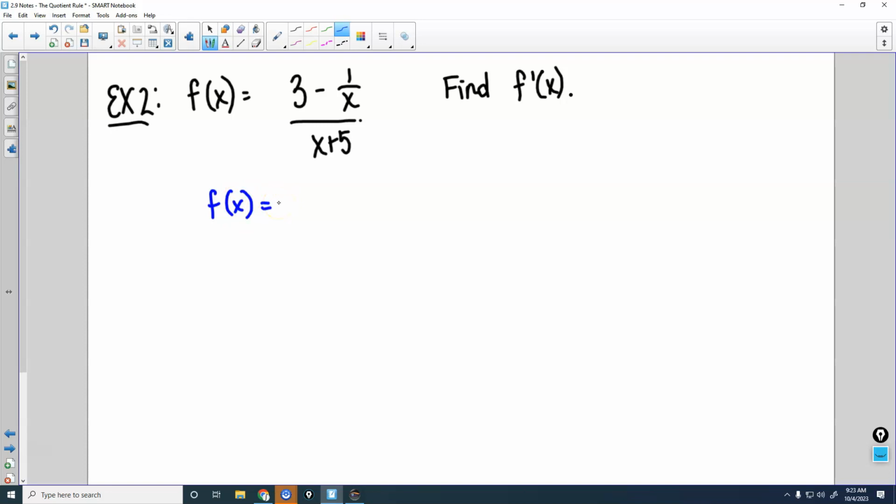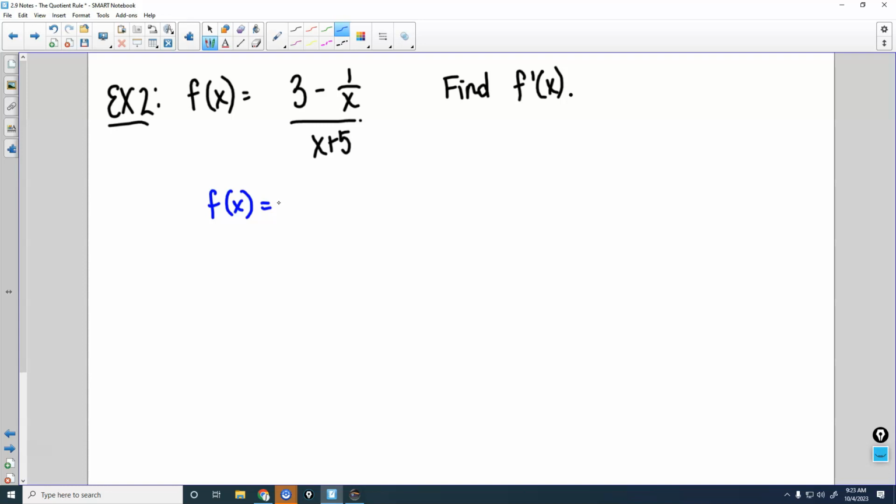Well, there's a couple things we could do. You can multiply by x on top and bottom, or I could use negative exponents. Either one will work for that.